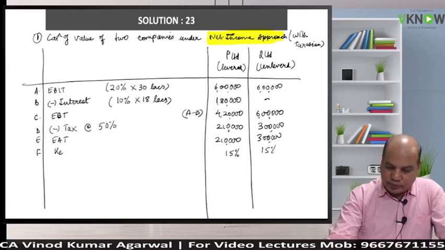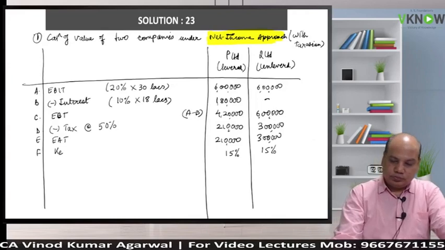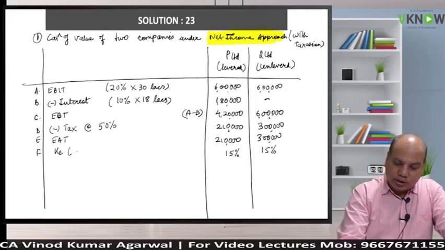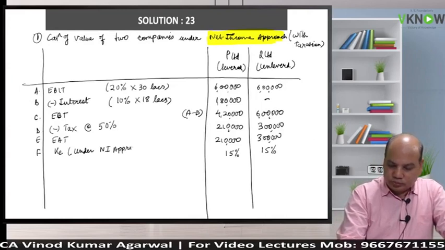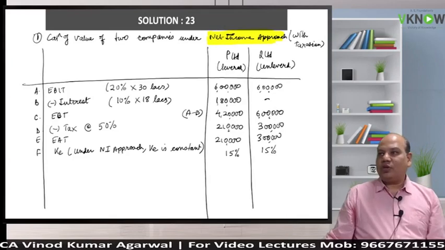15%. Why have we taken 15% in both? You are aware that under net income approach, K is constant.